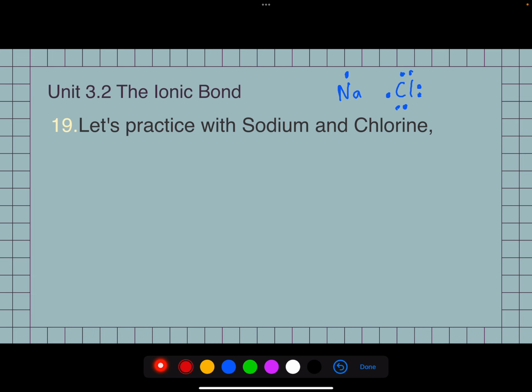Our metal atom gives away to our nonmetal atom, making a bond. That's gone. Our charge for the sodium atom in the superscript is a plus. The charge for the chlorine atom in the superscript is a minus. To write it out, we write NaCl.